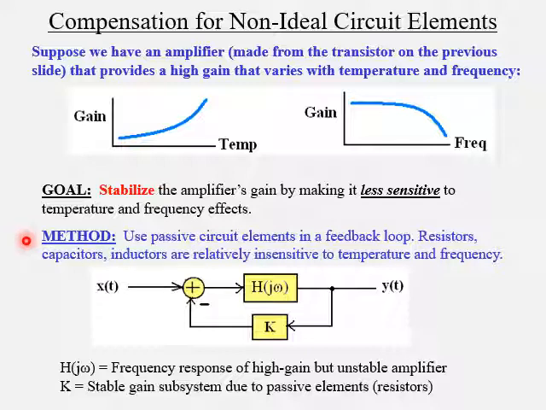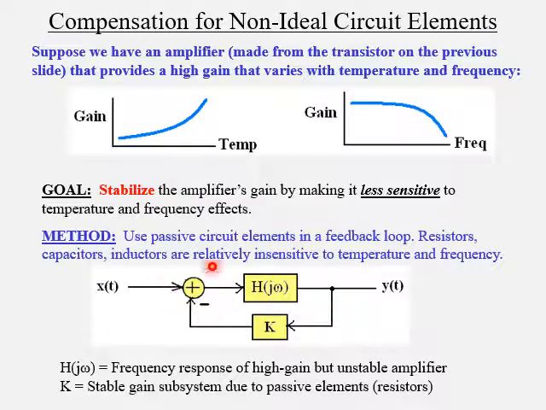So our method here is we're going to use passive circuit elements in a feedback loop. And the reason for this is that passive circuit elements such as resistors, capacitors, and inductors are relatively insensitive to temperature and frequency. Certainly much less sensitive than a transistor would be.